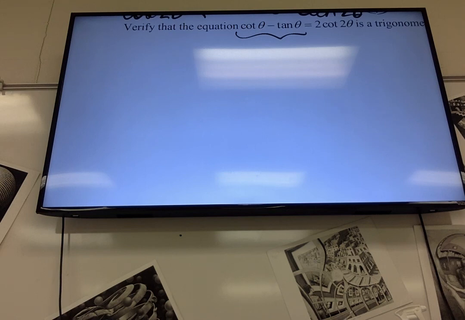So I know cotangent I can rewrite how? Yep. And tangent? There you go.